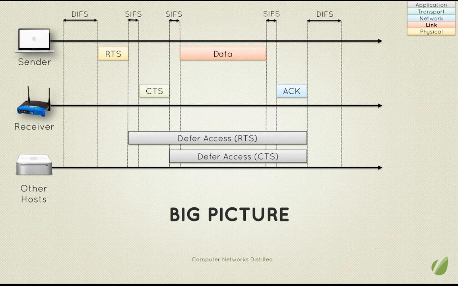After this data exchange has finished, all the hosts will wait a DIFS period of time where no one is talking, and at that point, the channel is again up for grabs, and some other station may send out an RTS to try to reserve the channel. So this is kind of an overview of the timing and the different pieces of the 802.11 protocol.